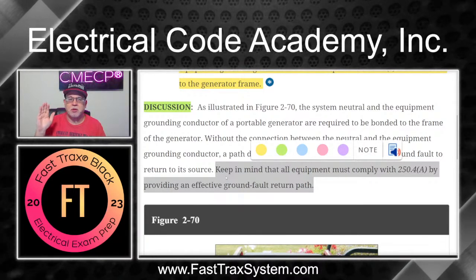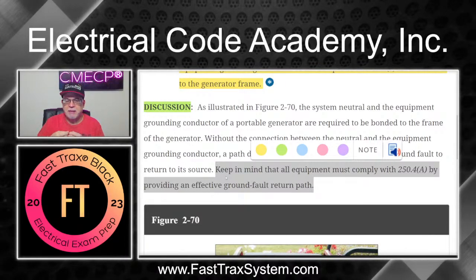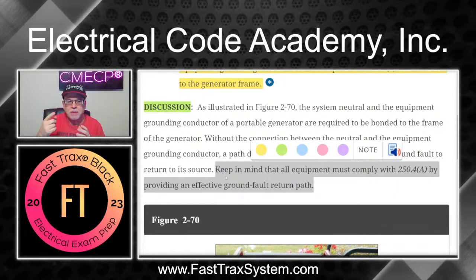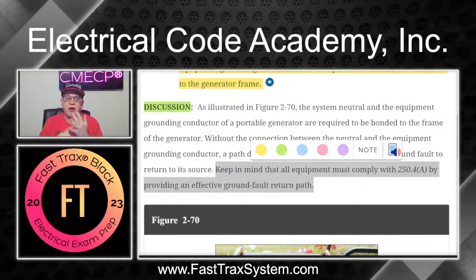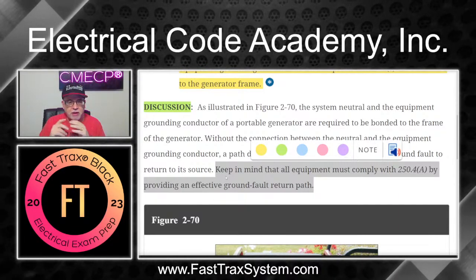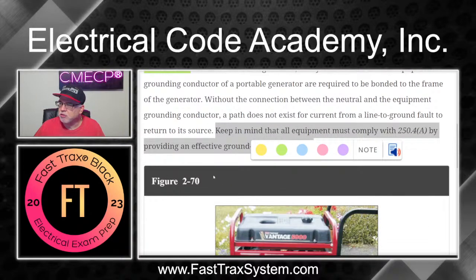We have our receptacles with our equipment ground terminals connected to the frame. The frame is connected to the neutral point on this generator so that we can complete that cycle and allow the overcurrent device to function and allow the GFCIs that are typically built into these portable generator setups to function.